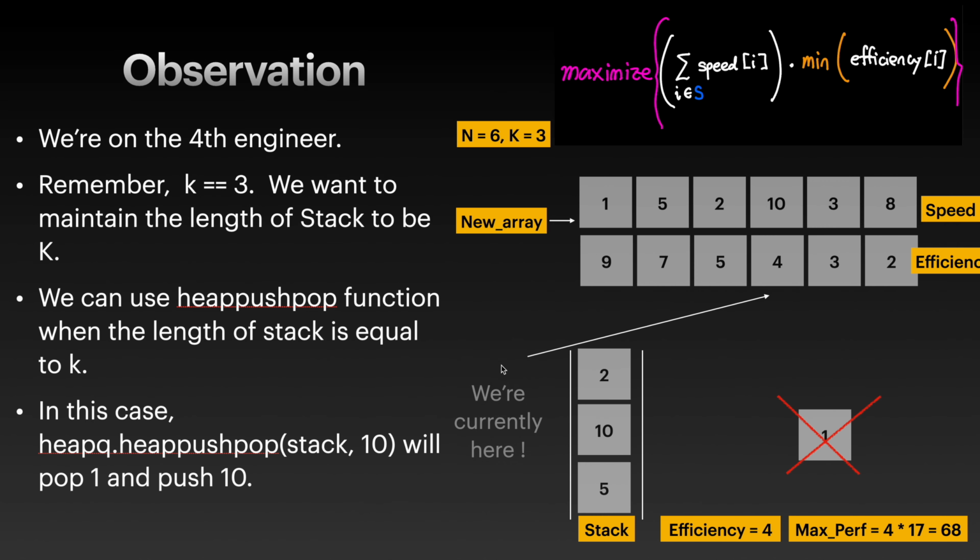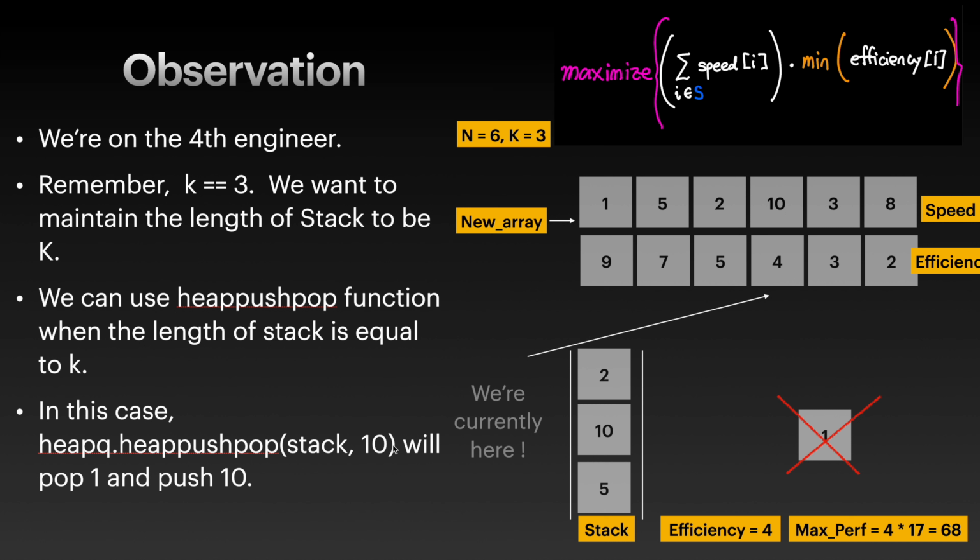Now when we have more than 3 elements here, remember our k is equal to 3, and we cannot have more than 3, right? But in Python we have a heappushpop function. What does that do? In this case, we use heappushpop with stack and the speed here. We are looking at the fourth engineer, and the speed is 10, so it will be stack comma 10.